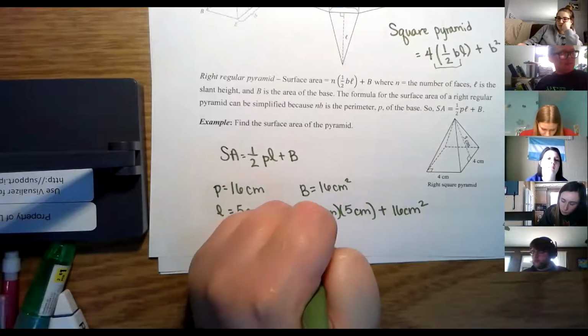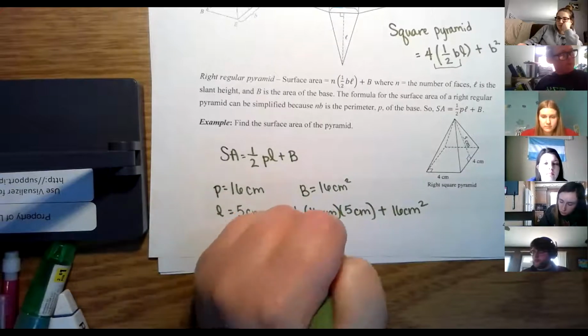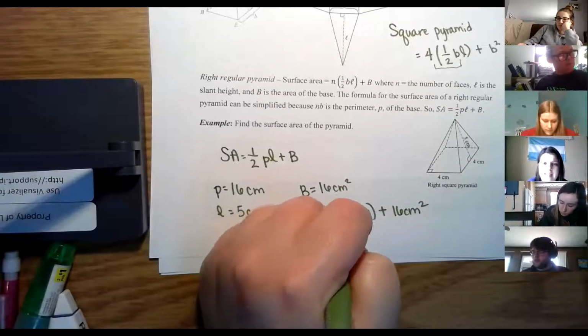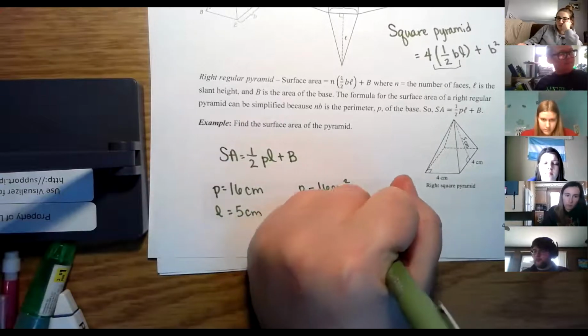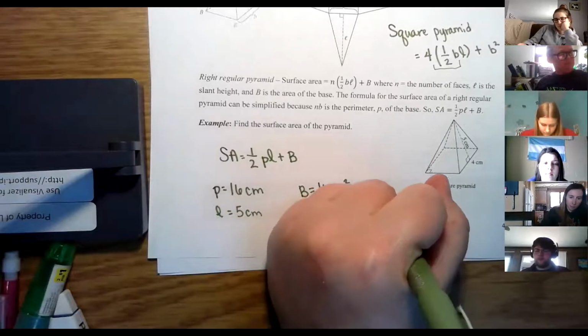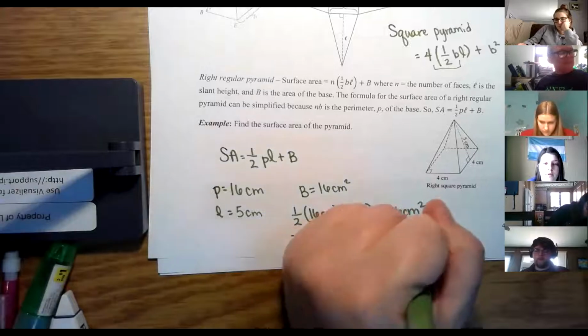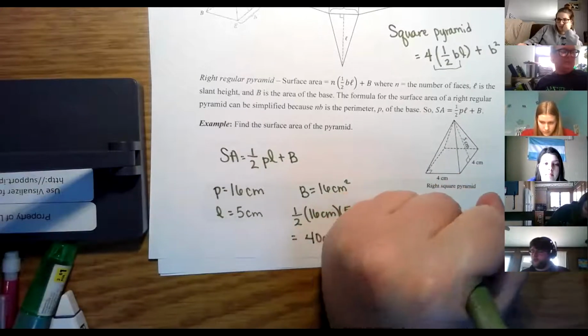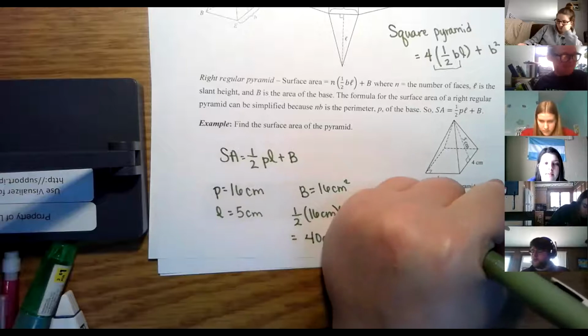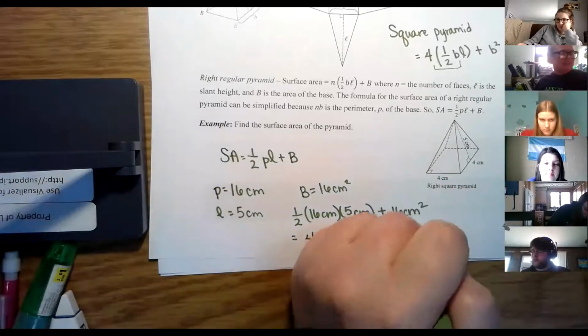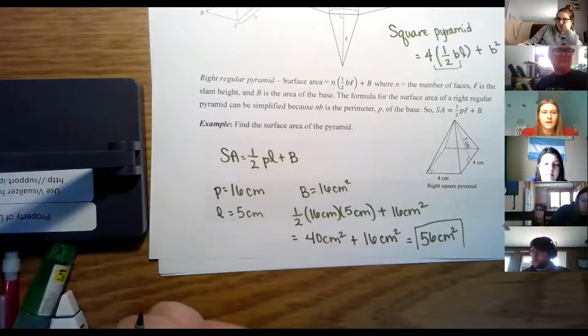So that's going to be 40 plus 16, which is 56 centimeters squared. 56 is the final answer.